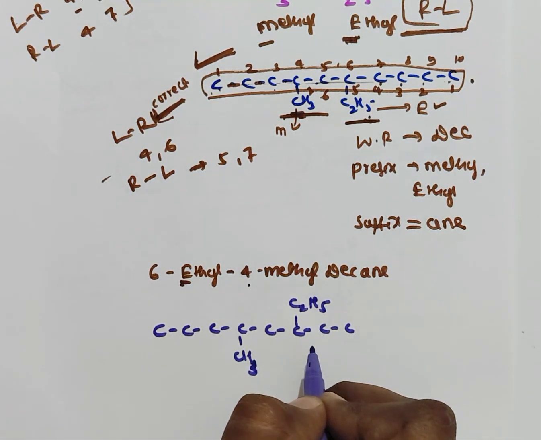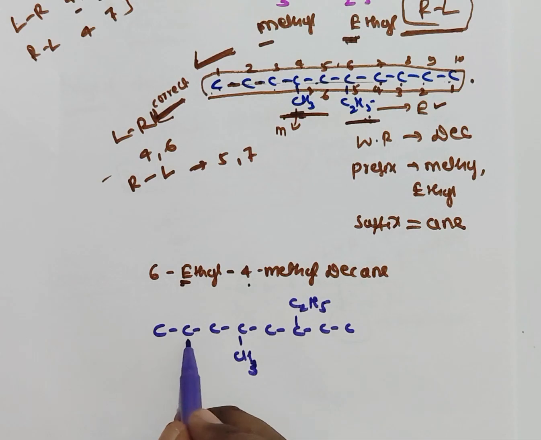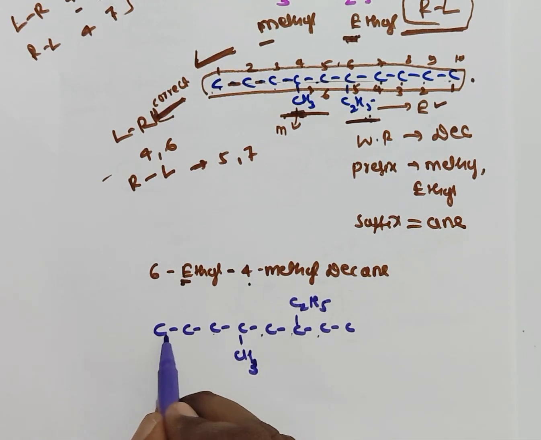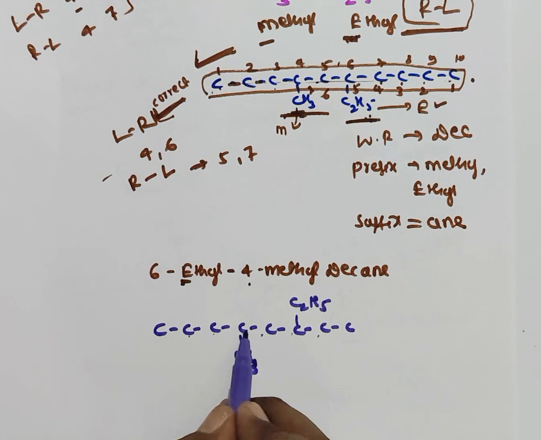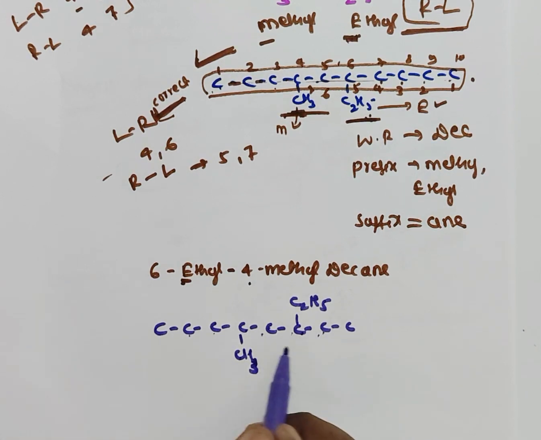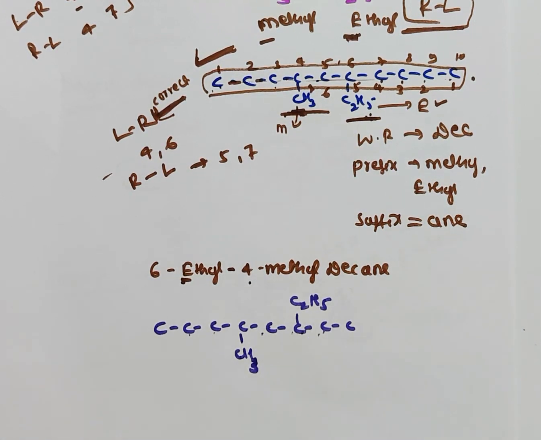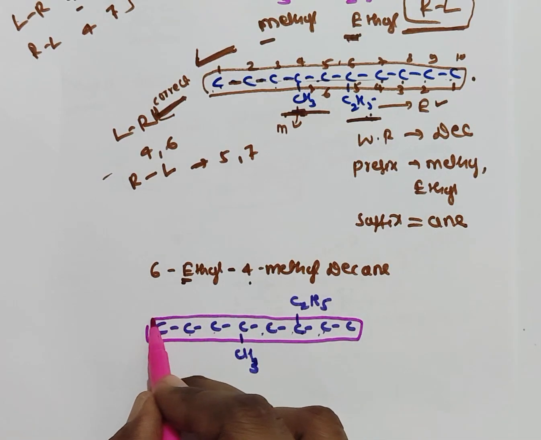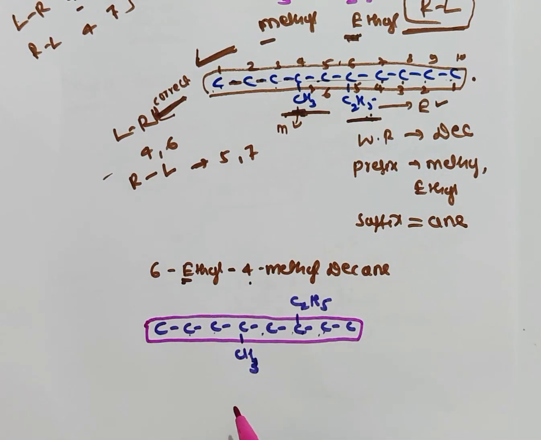Simple compounds. 1 to 8, then 1 to 5, and 1 to 6. Totally three chains are possible in the given organic compound. Among these three chains, the straight chain is the parent chain, because the straight chain contains more carbon atoms. The first rule is select the longest chain. That is our parent chain.